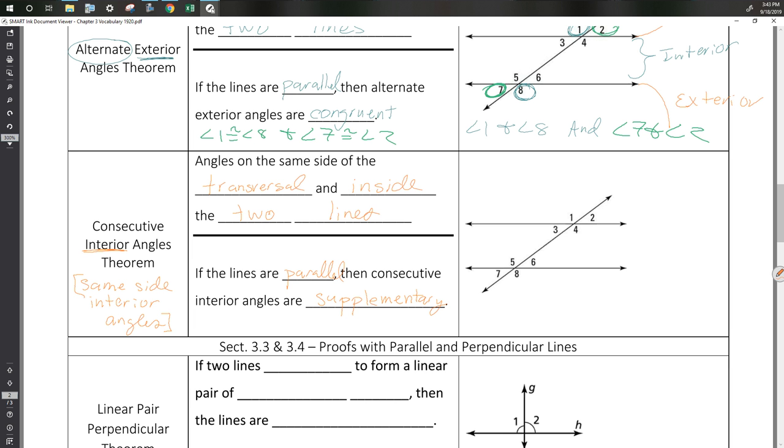So they need to be in the interior, so they have to be between these two lines. They need to be on the same side of the transversal. So they're going to be right next to each other. So angle 3 and angle 5 are consecutive interior angles, and angle 4 and angle 6.